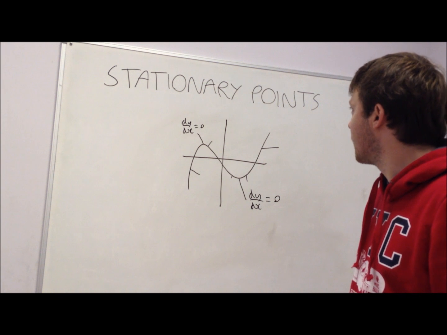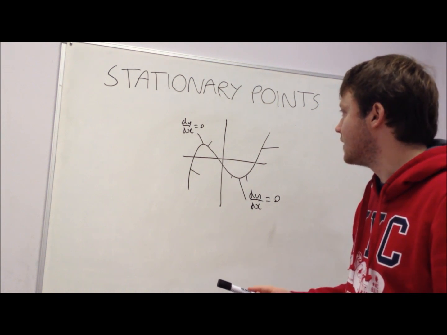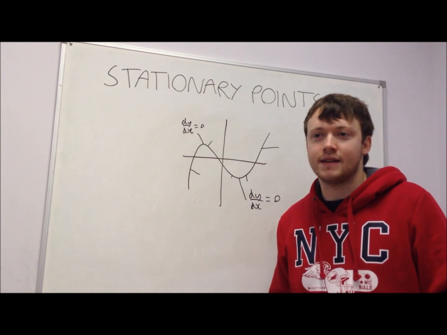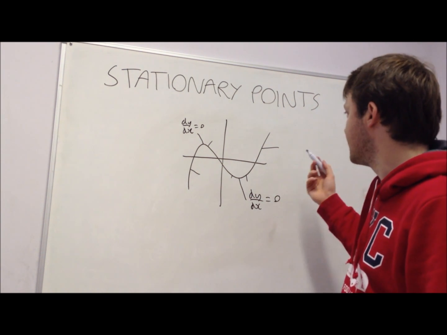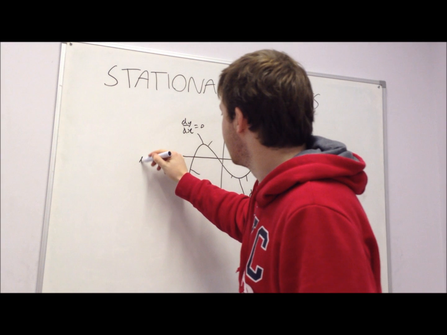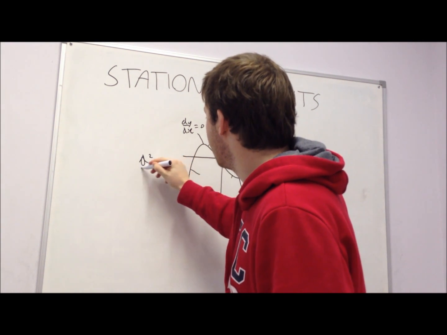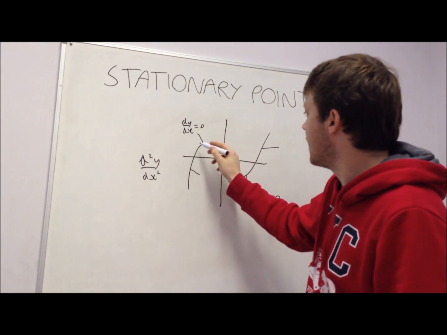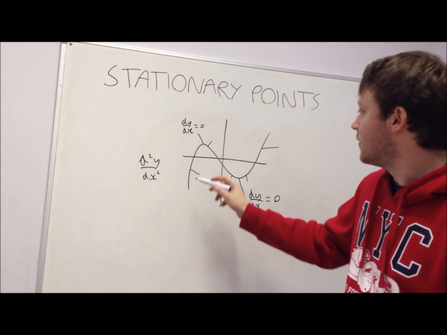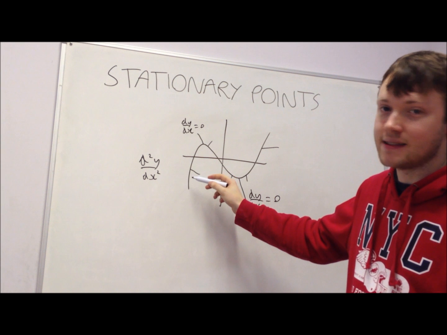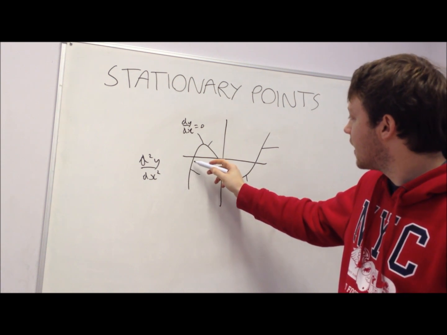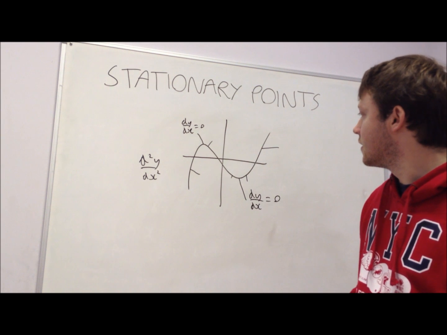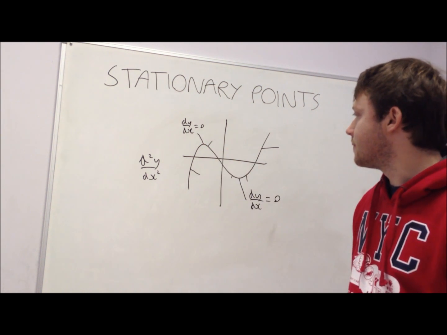But the way this is technically defined is by the rate of change of the gradient itself, which is denoted by d2y by dx squared. So here, the rate of change of gradient is negative, because the gradient's getting ever less until it becomes negative at that point.